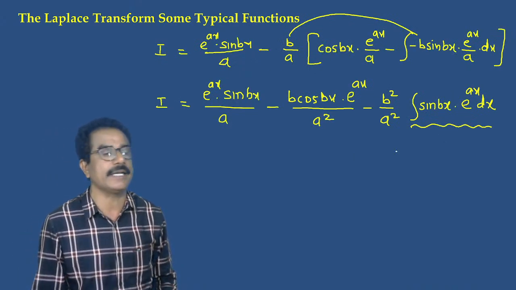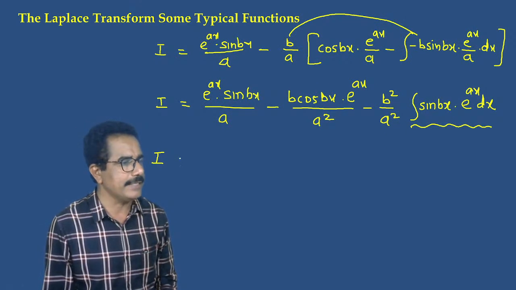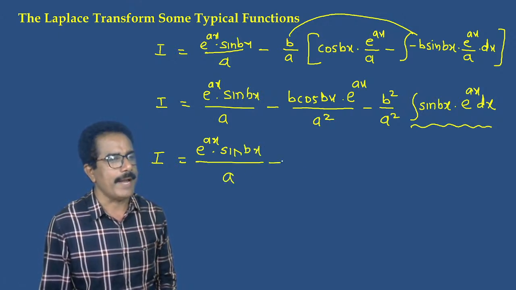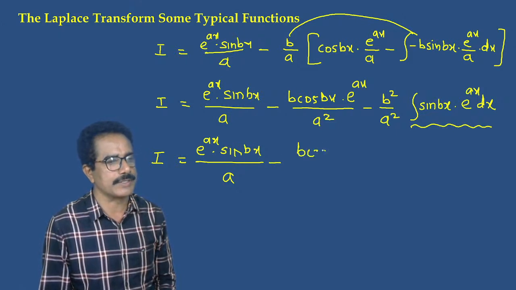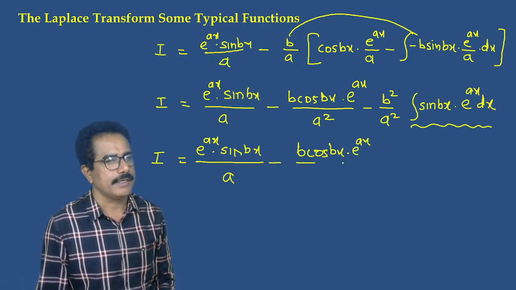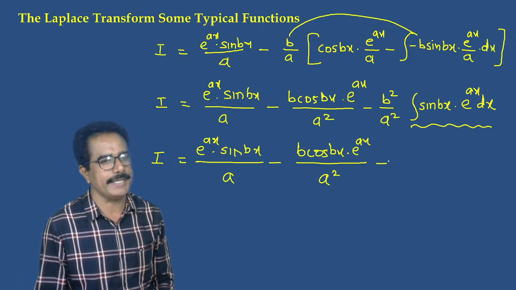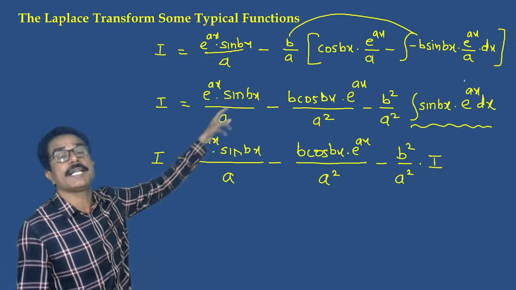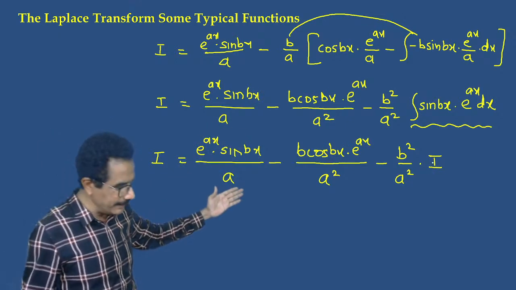This repeated integral we can replace by I is equals to integration of e raised to ax in sin bx divided by a minus b into cos bx into e raised to ax divided by a square minus b square divided by a square into repeated part of integral. This is the repeated integral, so we can keep it as I.